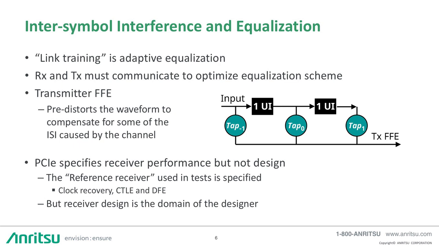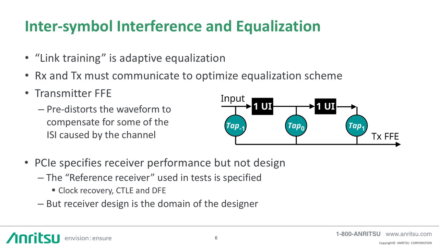Throughout its evolution, the PCIe specifications have set receiver performance requirements, but have never defined how receivers have to satisfy those requirements. Instead, like most standards, PCIe 5 defines a reference receiver, and that reference receiver has clock recovery, continuous time linear equalization, and decision feedback equalization.